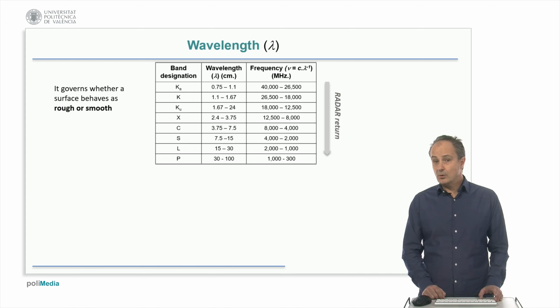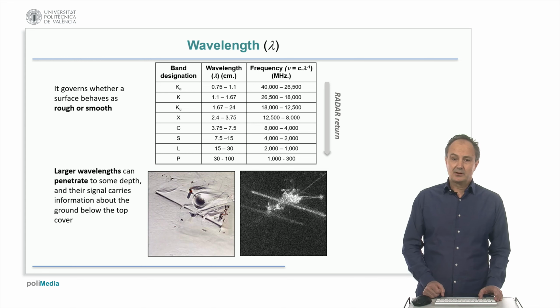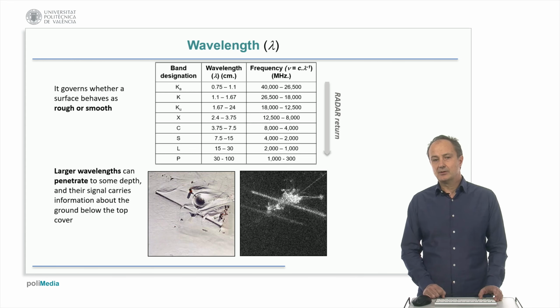Wavelength governs whether a surface behaves as rough or smooth. In addition, the larger the wavelength, the deeper the signal can penetrate, carrying some information about the underground, as we can see in this comparative example of an image of the visible on the left and a radar image on the right.